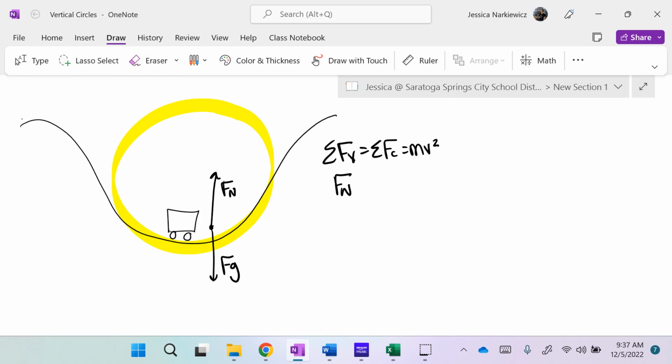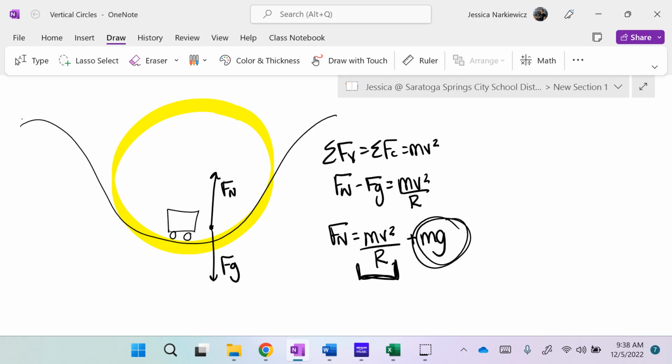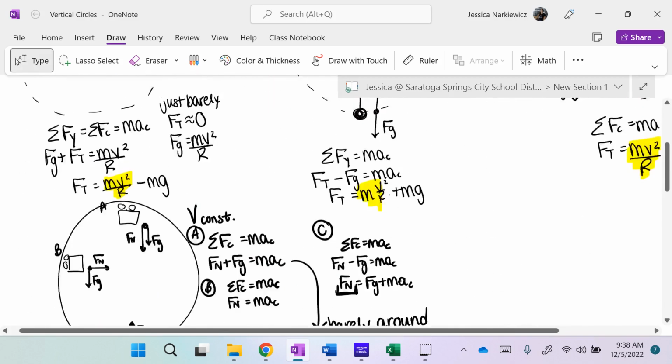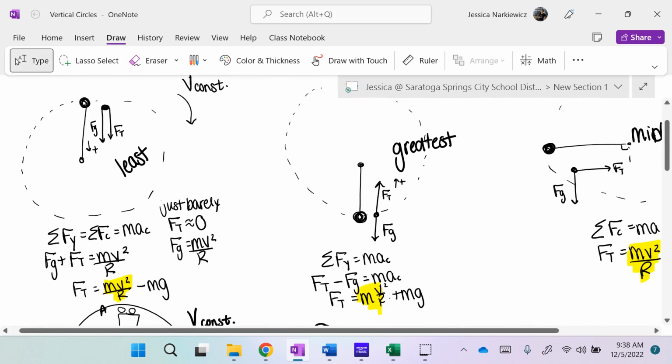But we're still fighting that force of gravity, kind of like at the bottom of the roller coaster. Okay. So my normal force is going to be larger than my force of gravity here. We might feel pushed into our seat because the normal force has to create the centripetal force, but then also fight the force of gravity. So those are our vertical circles that we're most commonly going to see. Lots of normal forces and forces of gravity, and then also some tension forces back in the beginning.